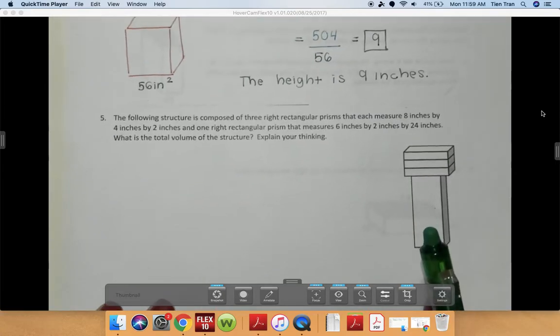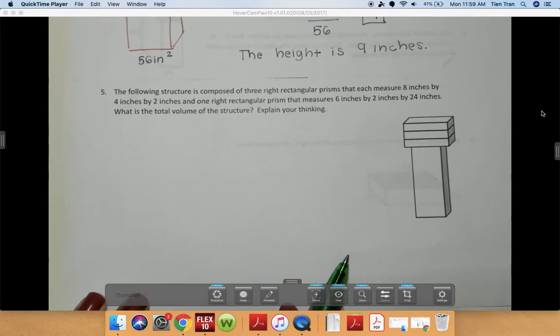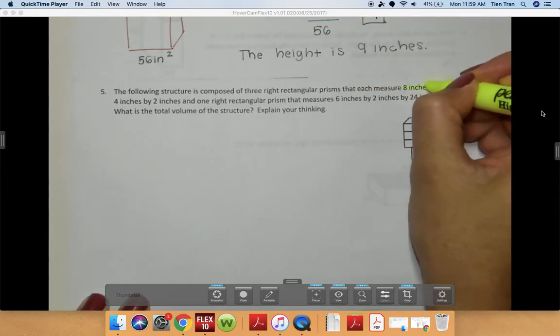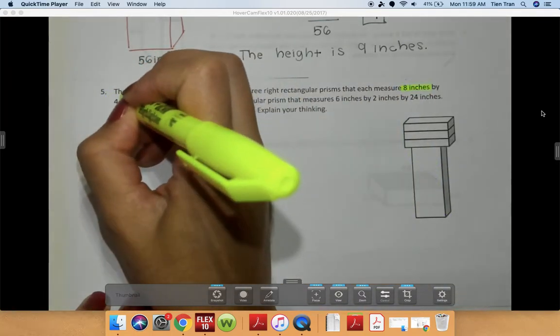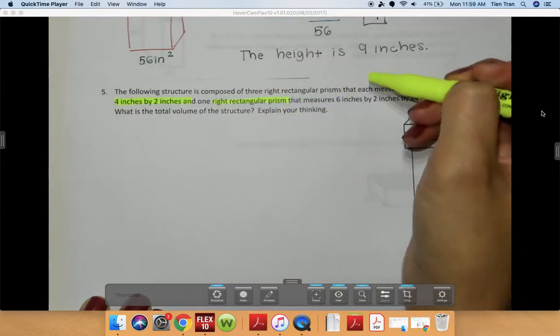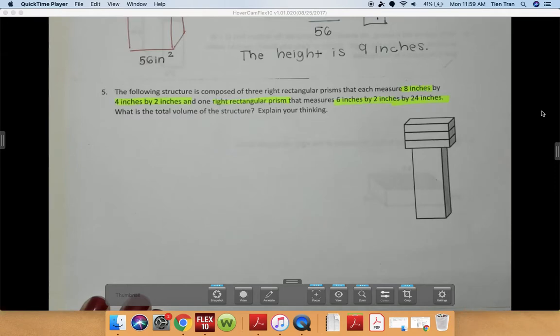For number 5, the following structure is composed of 3 rectangular prisms that each measure 8 inches by 4 inches by 2 inches and one right rectangular prism that measures 6 inches by 2 inches by 24 inches. What is the total volume of the structure? Explain your thinking.